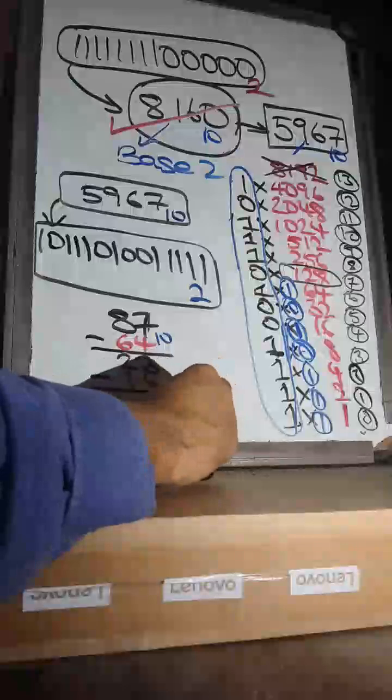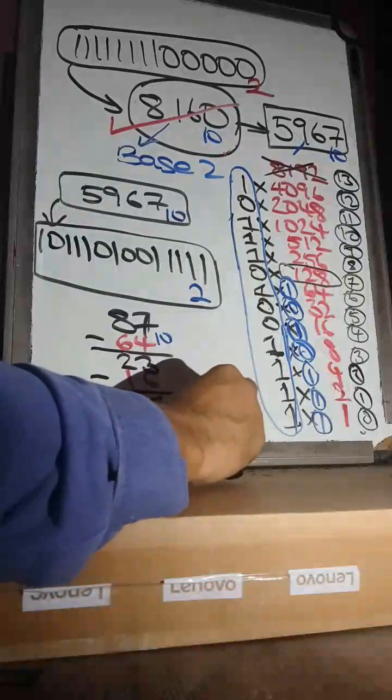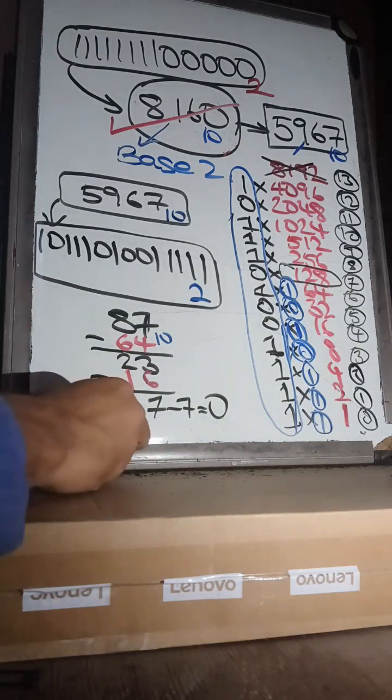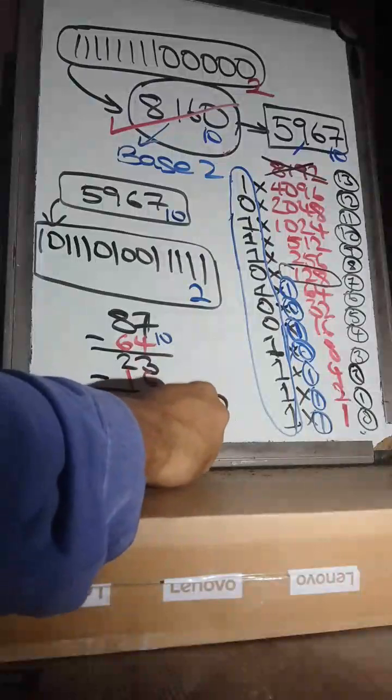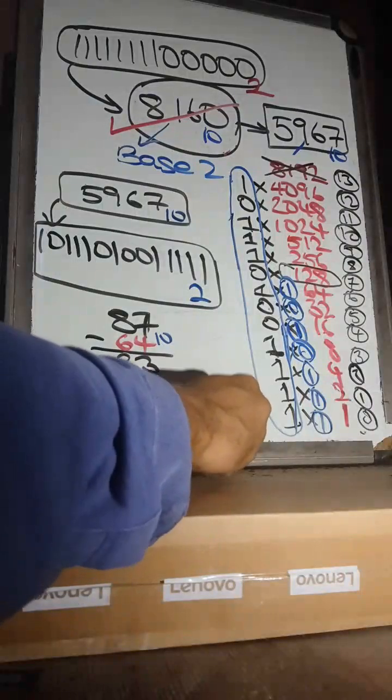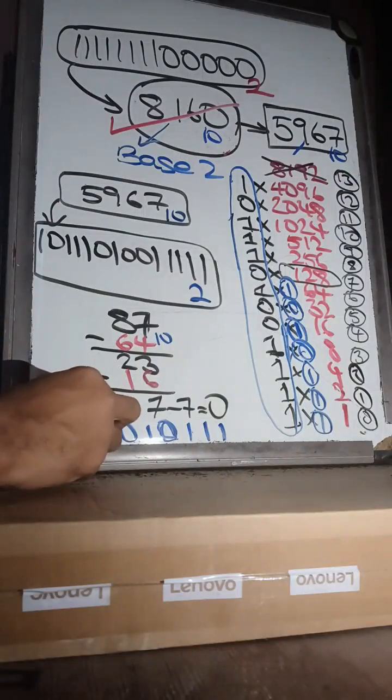So therefore, 87 would be, let me just write it: 1 0 1 0 1 1 1.